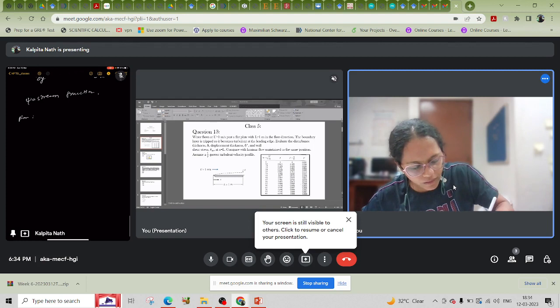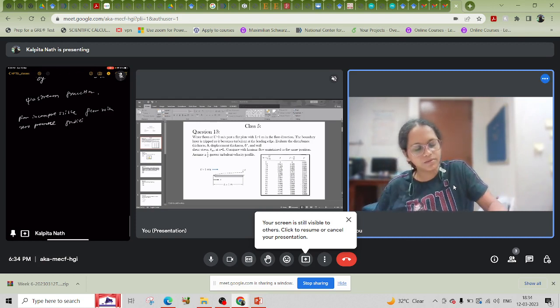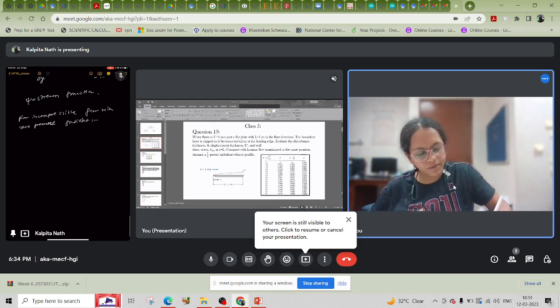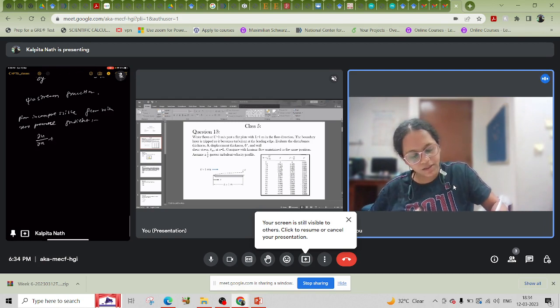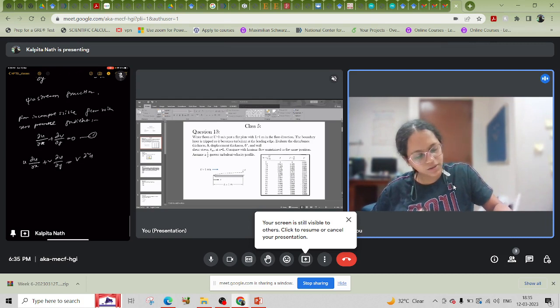For incompressible flow with zero pressure gradient, del u by del x plus del v by del y is equal to 0. This is equation 1. And u del u by del x plus v del u by del y is equal to nu del square u by del y square.